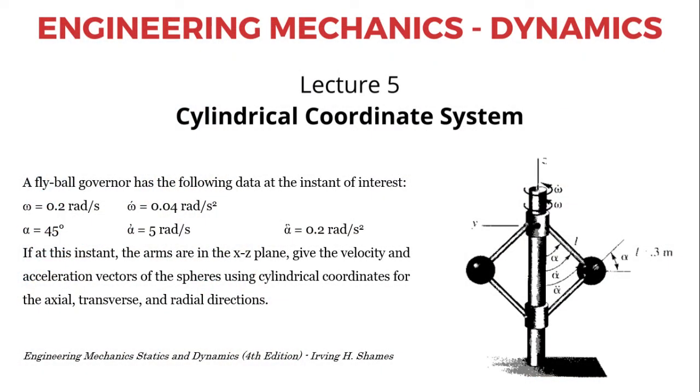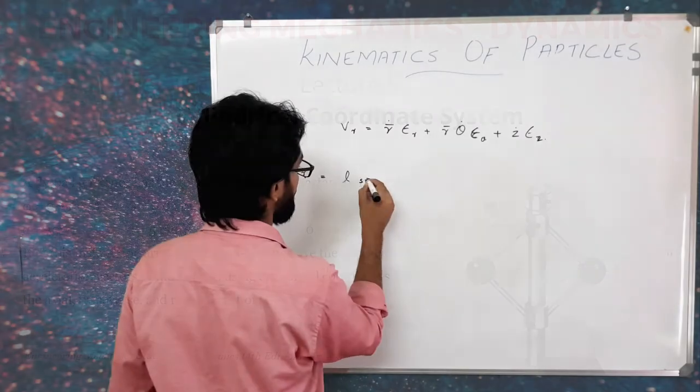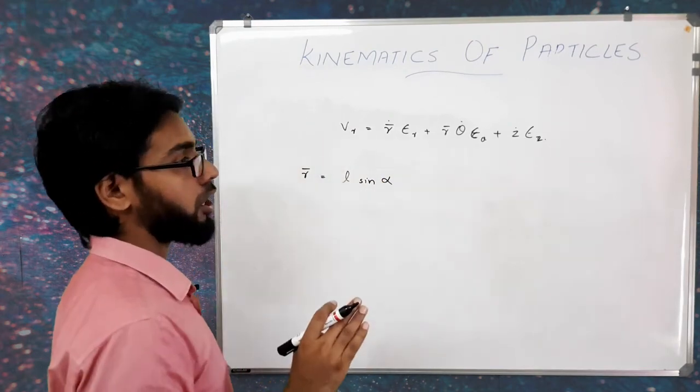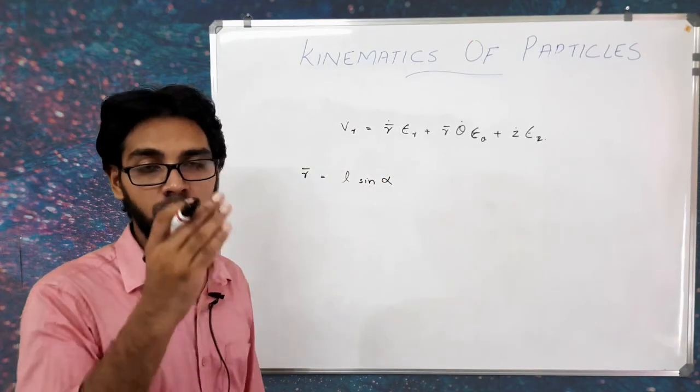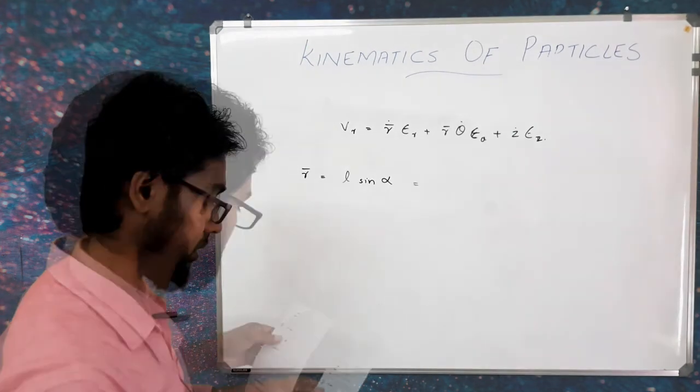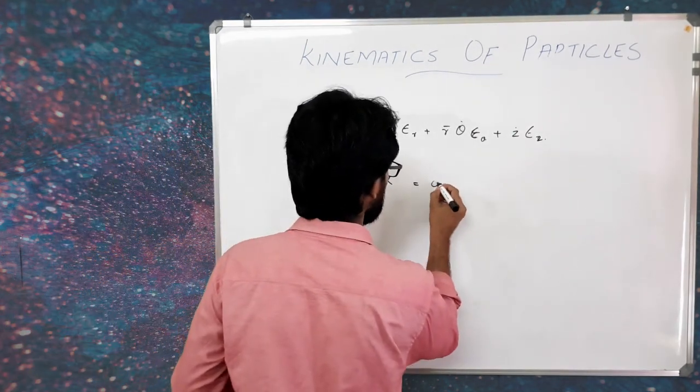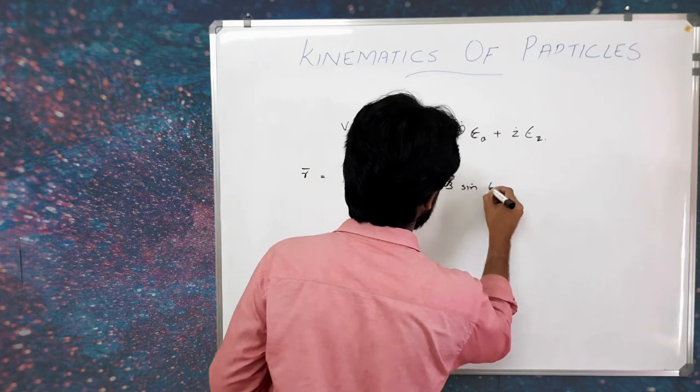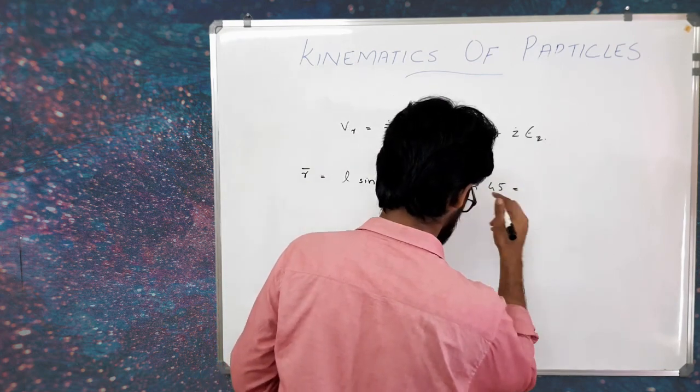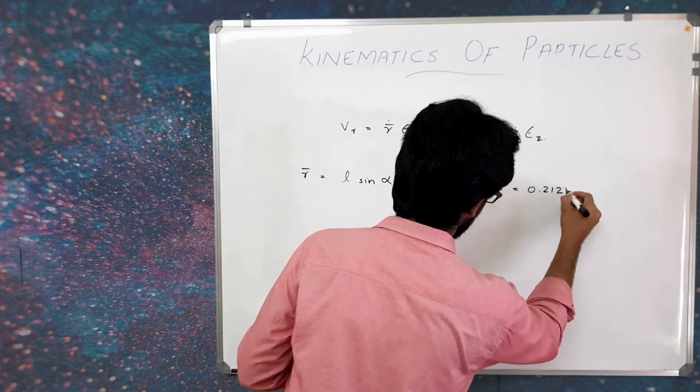If you look at the figure here, you can see that r dash represents the distance of the ball from the axis. r dash equals L sine alpha, where alpha is the angle of inclination of the rod with respect to the vertical axis, which is equal to 0.3 sine 45, which is approximately equal to 0.2121 meter.